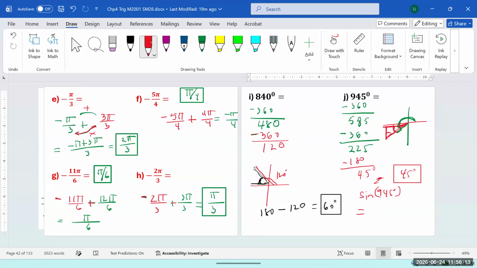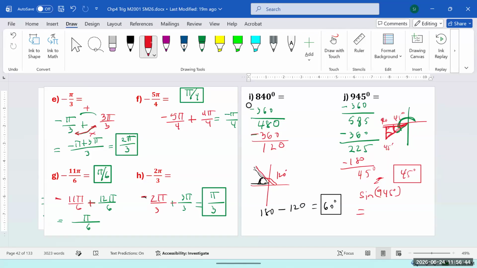So if you make a triangle here, which type of triangle do we have? Remember the two special triangles I told you? 45, 45, 90. So I don't have space. Let me write here. This is 45, this is 45, and this is 90. Now, do you remember the side lengths of the triangle? You start with 1 always.